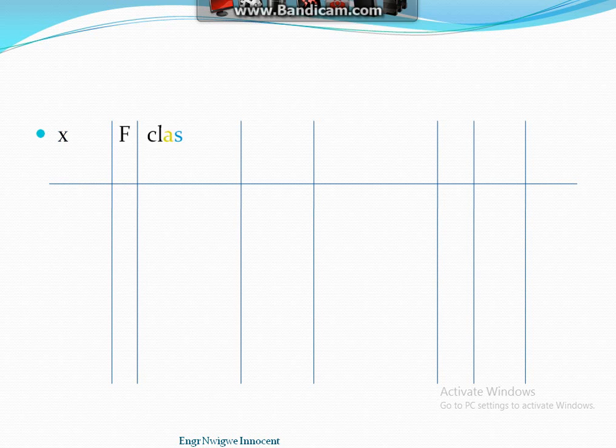Making the table, let x represent the weight of the pupils. f represents the frequency column.